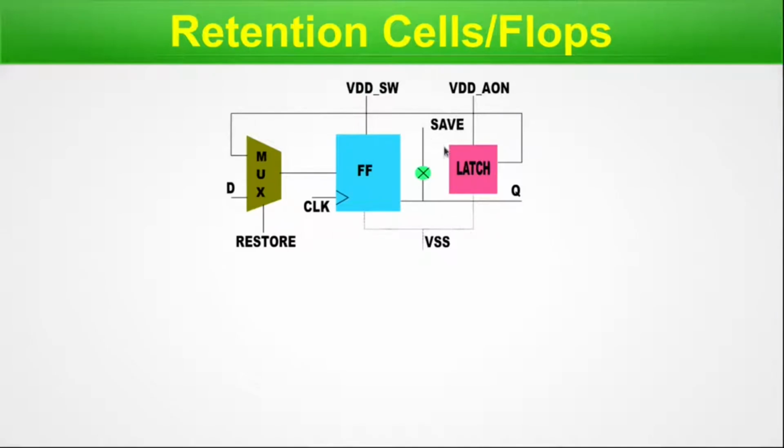If a save signal is sent, it will store the last signal inside it, before switching off this power block. Once the power comes back to this block, the restore signal is activated. The last saved state is retrieved. So this is the purpose of the retention cell.